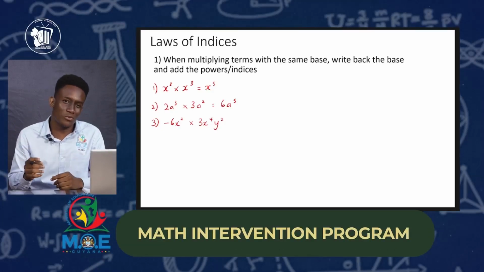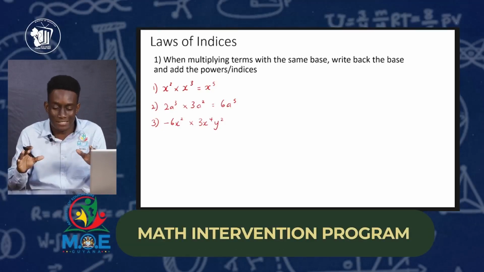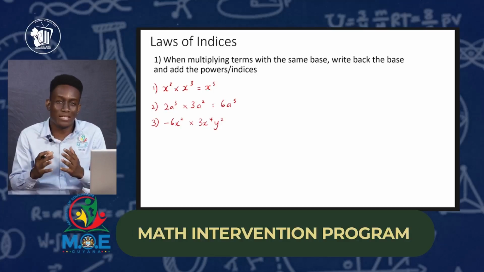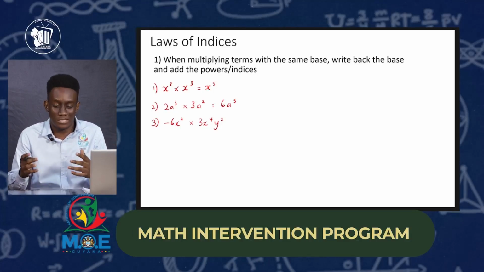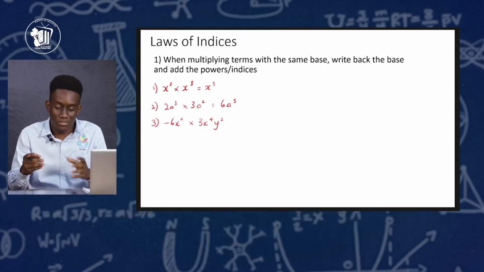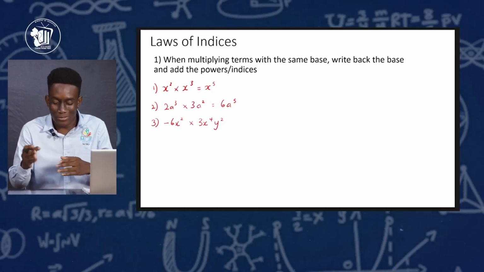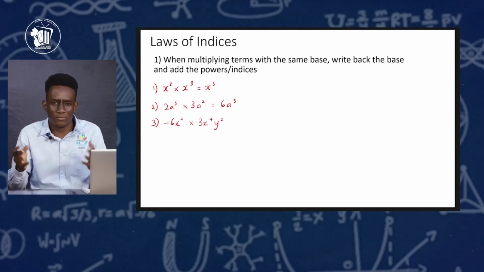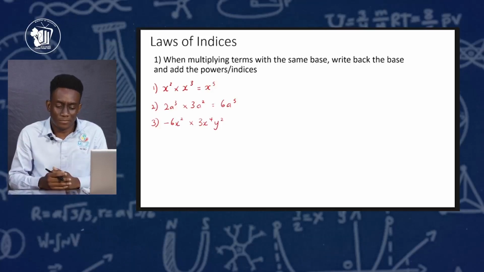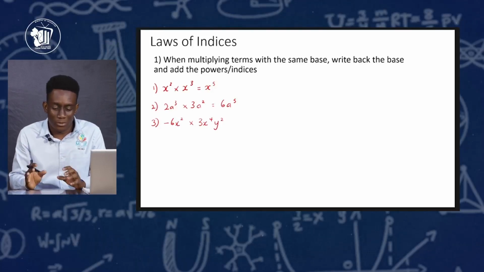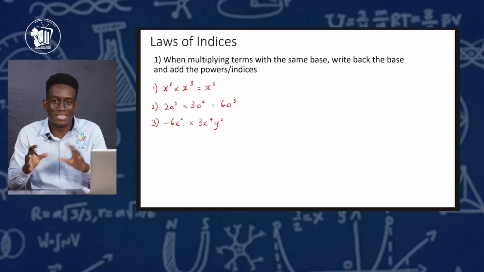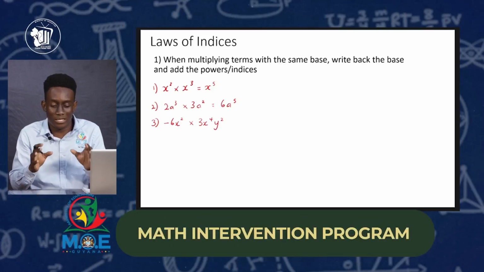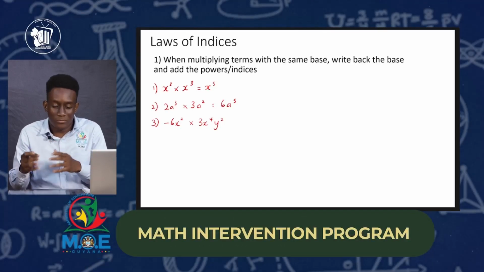The first thing to do is to multiply the signs. As long as you're multiplying and you have signs, you always multiply the signs. In the earlier examples, like x to the second multiplied by x to the third, we did multiply the signs, but a positive times a positive will simply give us a positive. So we kind of ignore that part because the sign did not change. The second example as well was a positive times a positive, which gives you a positive.